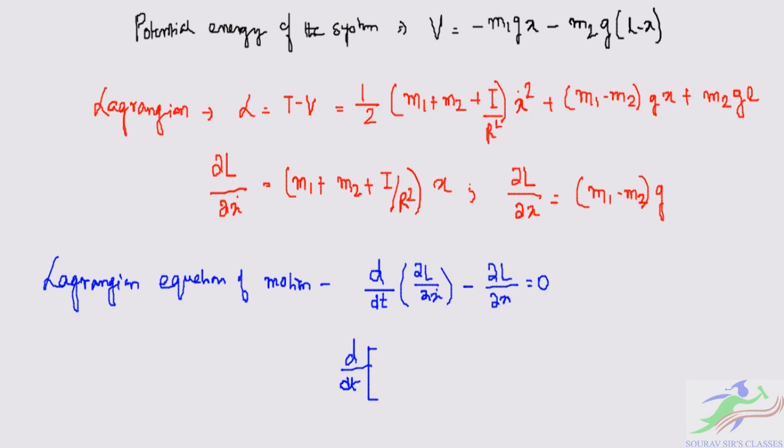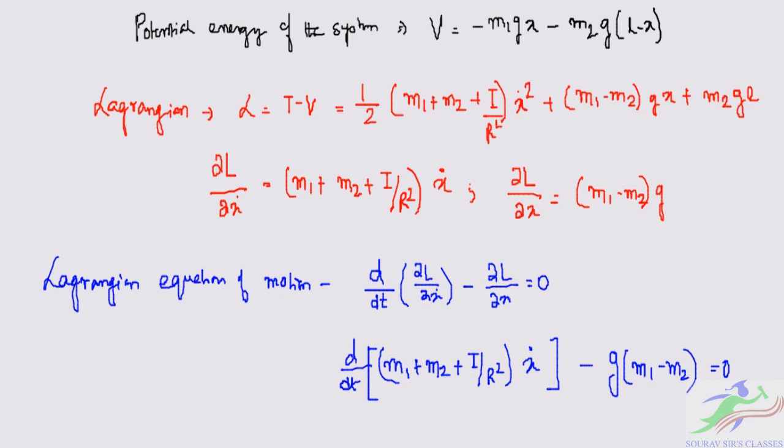Del L by del x dot is (m1 plus m2 plus I by r square) multiplied by x dot, here I had missed the x dot, or x prime you can say, minus g multiplied by (m1 minus m2), that will be equal to 0.